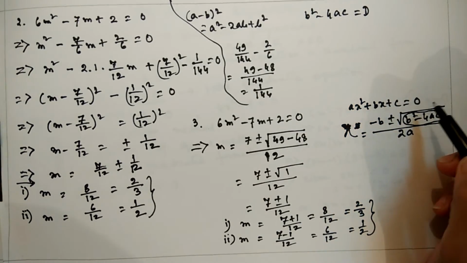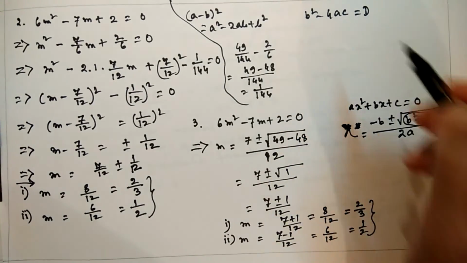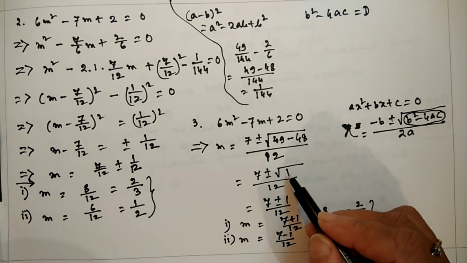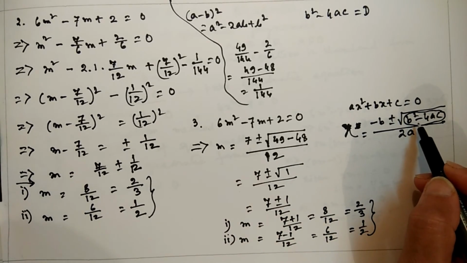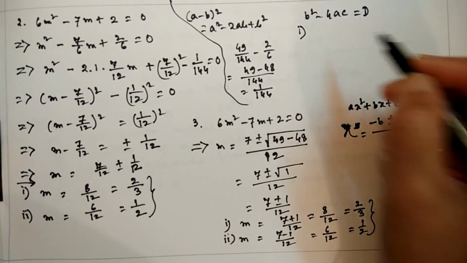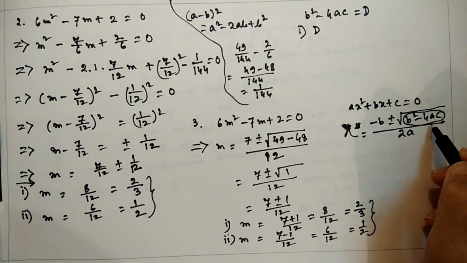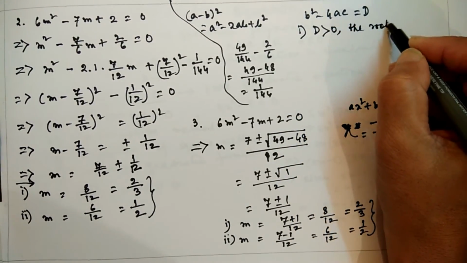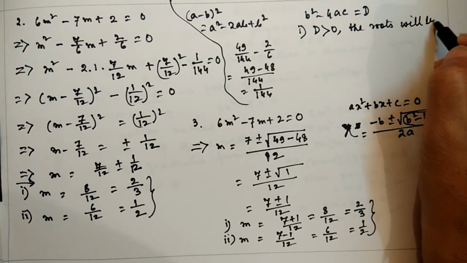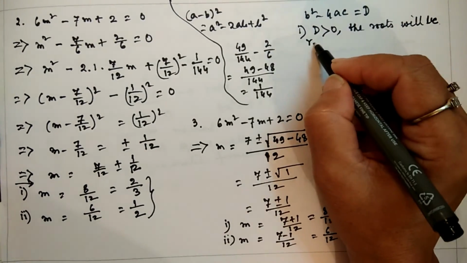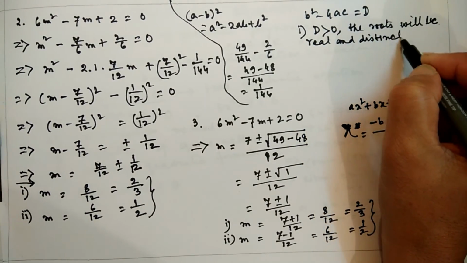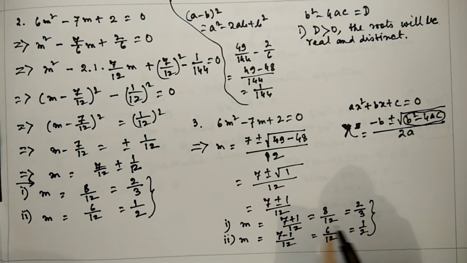So if b square minus 4ac becomes a positive number, means if it is greater than 0, like in this case we have seen, then the roots will be real and distinct, like what we have got here.